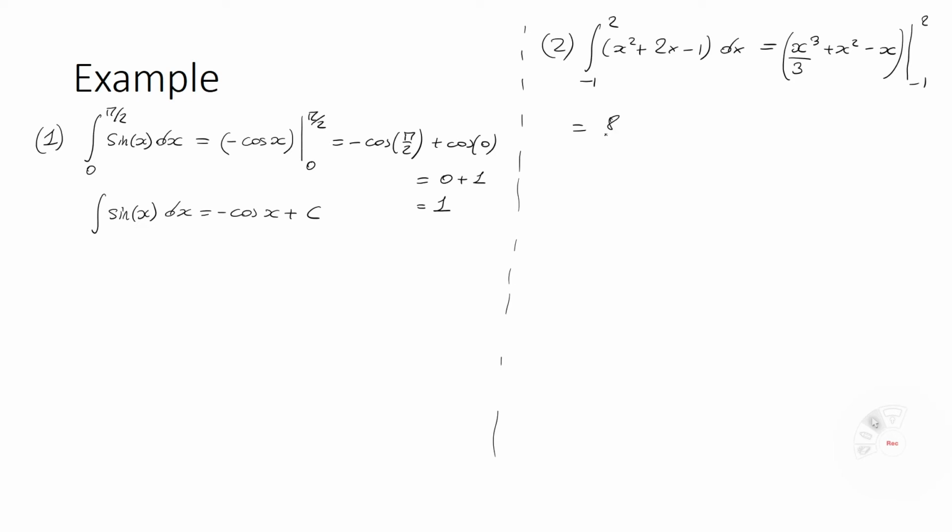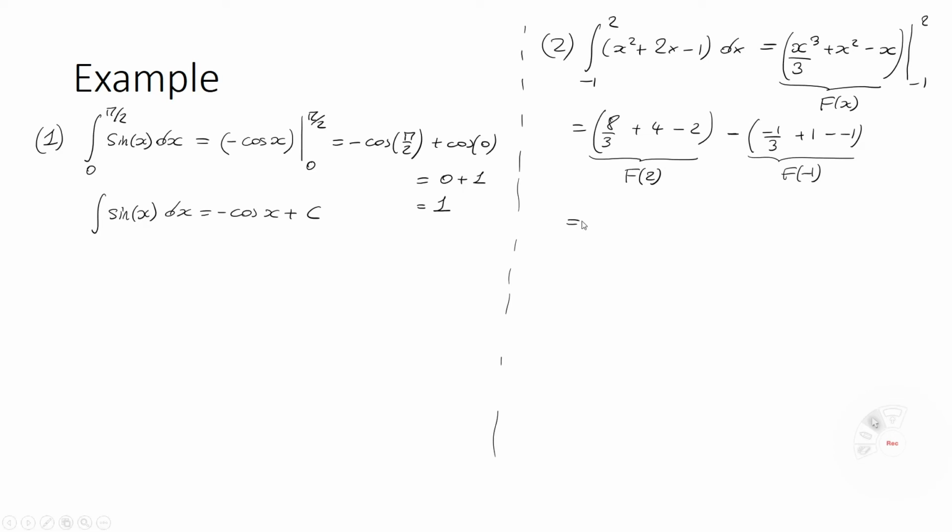So we get 8 divided by 3 plus 4 minus 2. So this is f evaluated at 2, if this function here is f of x, and then we have to subtract from that minus 1 over 3 plus 1 minus minus 1, and that is f of minus 1.